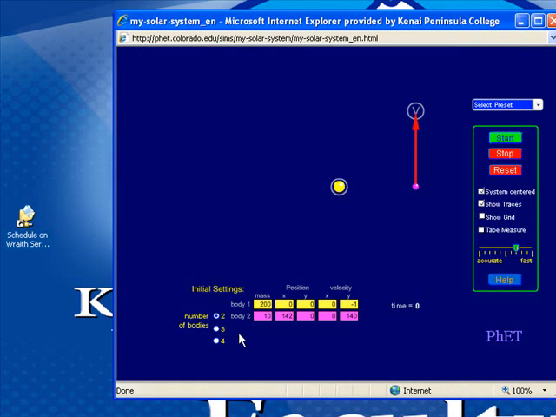It says select the preset Sun and Planet, so I'm going to do that. Now it says change the y velocity of body 2 from 120 to 140. So here's body 2 and I'm going to change it to 140.